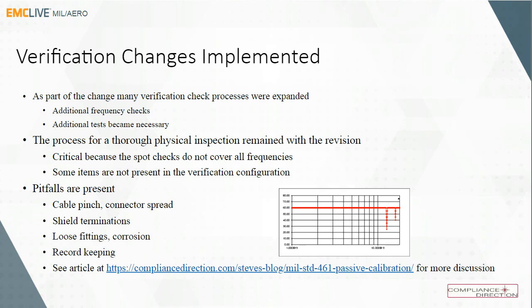I forgot the exact numbers here, but in the article down below, those were known. But a cable pinch or a connector spread where we've cross-threaded a connector or something like that to damage the pin, where the pin, especially the shield terminal, is not making good contact all the way around.